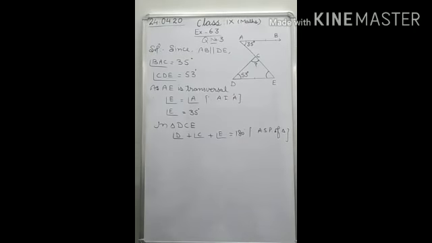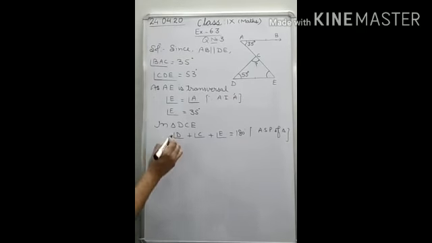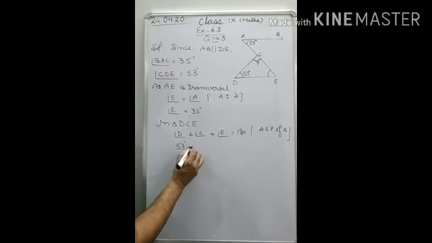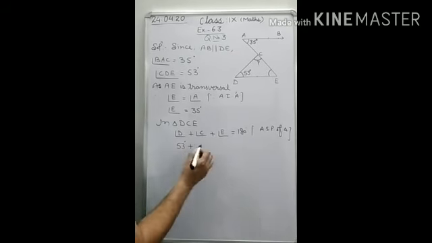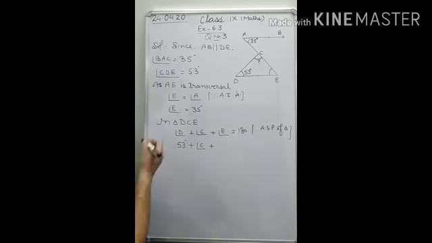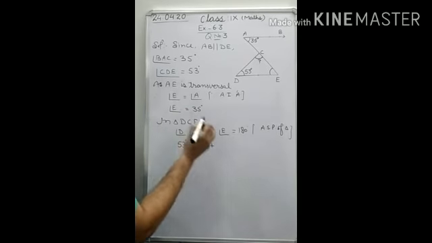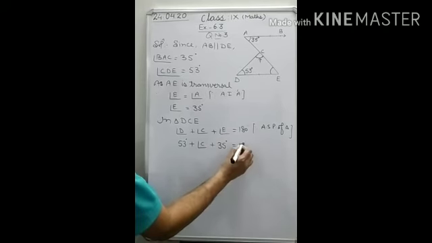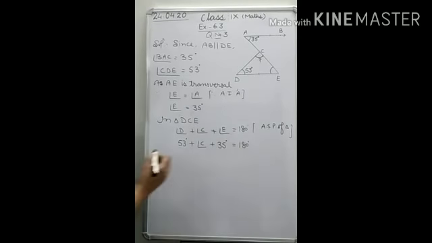Now put all the values in this. Here angle D is 53 degrees, plus angle C that we have to find out, plus angle E that we have measured here. It is 35 degrees, and that is equal to 180 degrees.